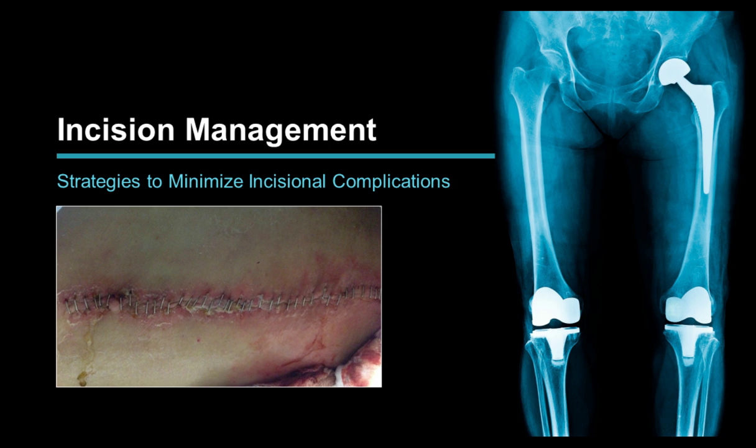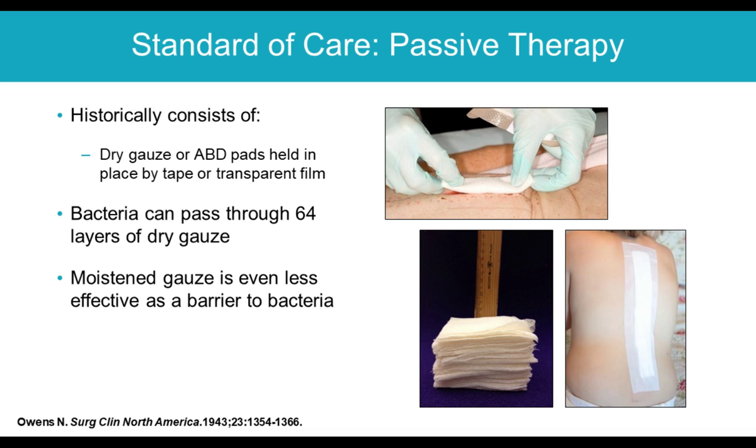And that brings us to the concept of incision management. Now, our standard of care historically has been passive therapy, and when I trained and when many of you trained, this typically consisted of simply taking a piece of dry gauze, putting it over the incision, and using some tape or something to secure that gauze in place.